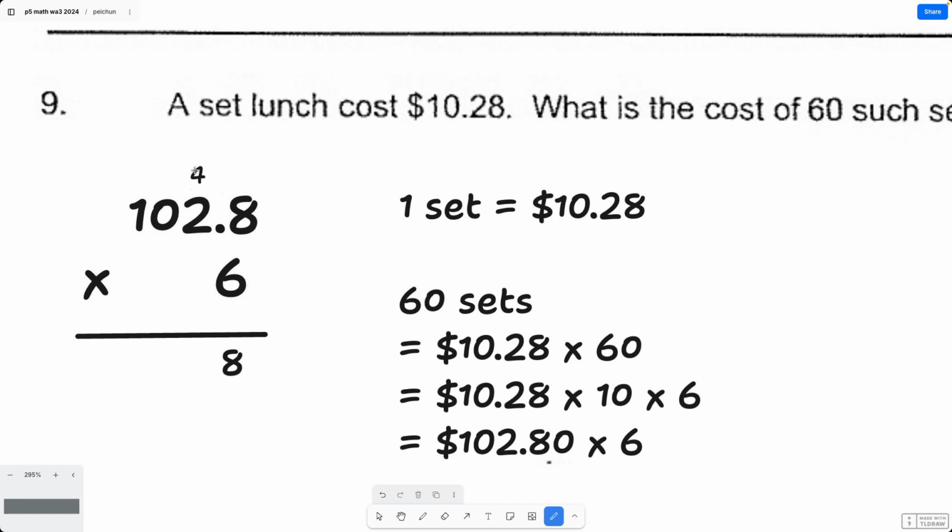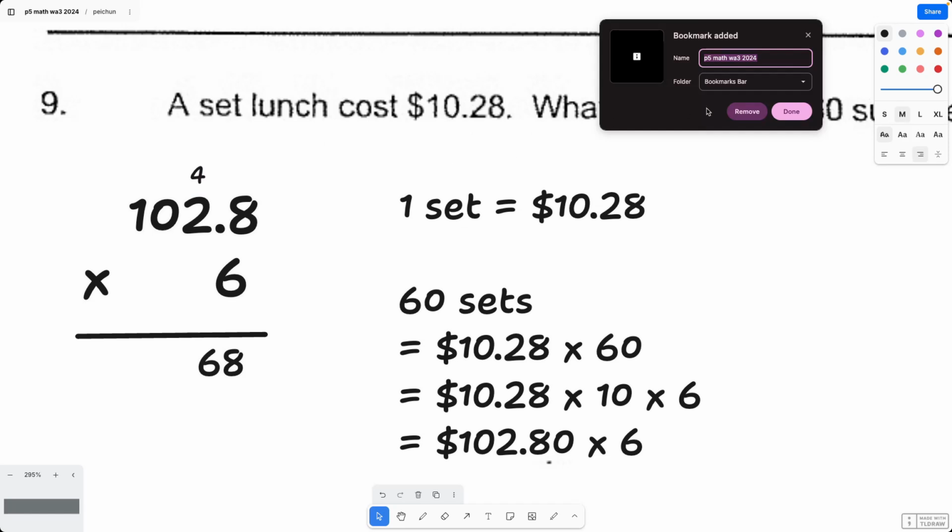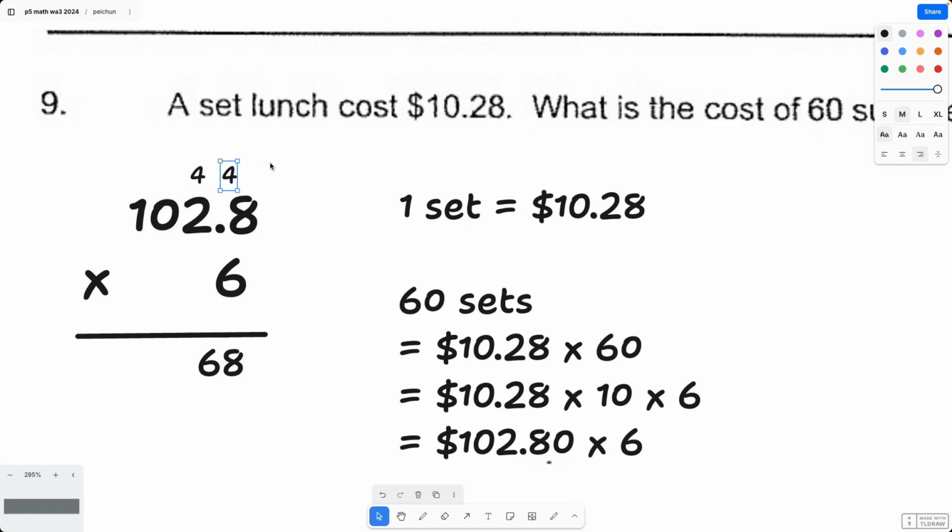It's 12, plus 4 is 16. So for this, we will put 6, and we put 1 over here. Then 0 times 6 is, okay, forgot to put a dot here as well. Make sure you put the decimal point in the same position as what you see over here.